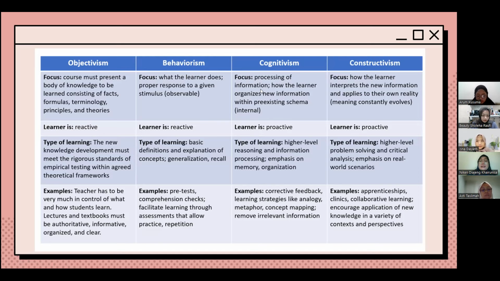And the last is constructivism. It focuses on how the learner interprets the new information and applies it to their own reality, so meaning constantly evolves. And the learner is proactive. The type of learning: higher level problem solving and critical analysis, emphasis on real world scenarios.